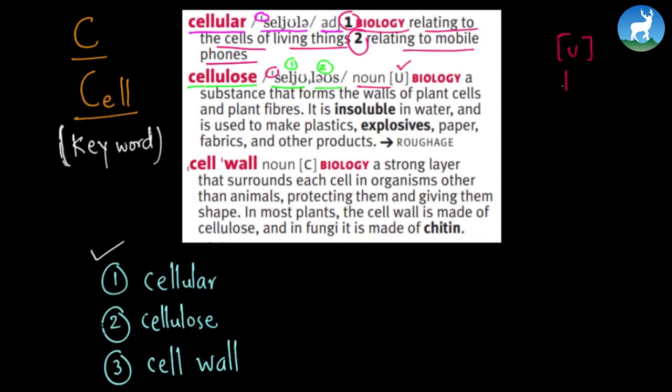U means uncountable noun. That means you cannot count the word cellulose, like 1 cellulose, 2 cellulose. That would be absurd. The meaning is related to biology once again: a substance that forms the walls of plant cells and plant fibers. It is insoluble in water, and it's used to make plastics, explosives, paper, fabrics, and other products.